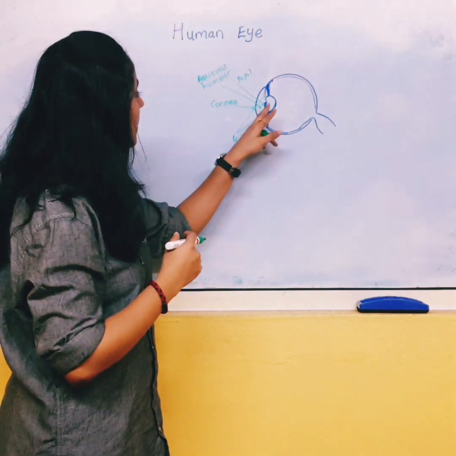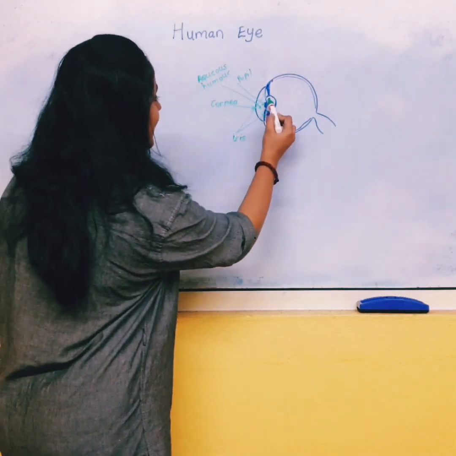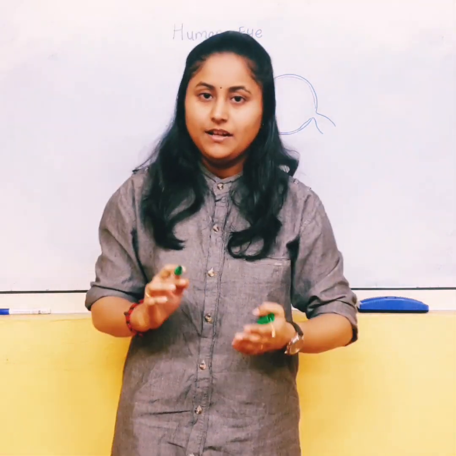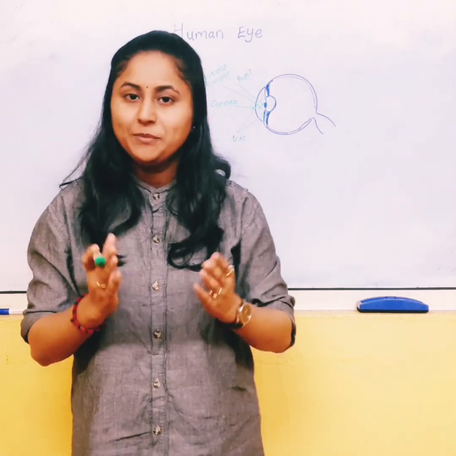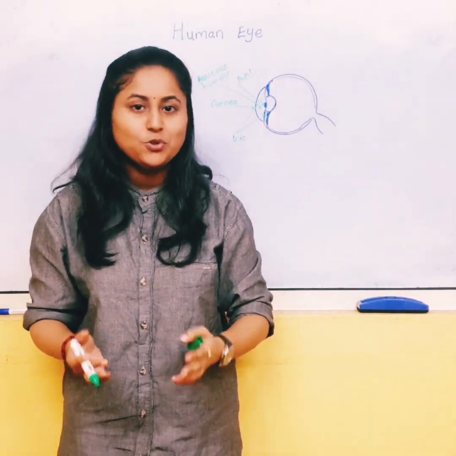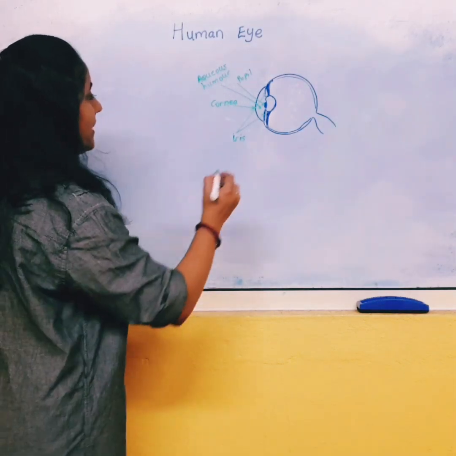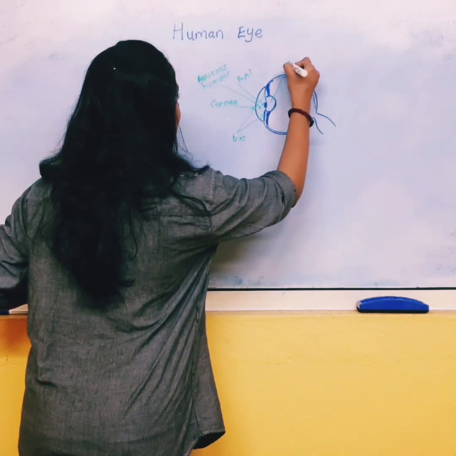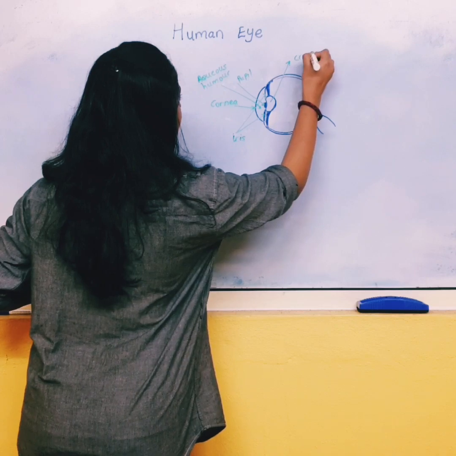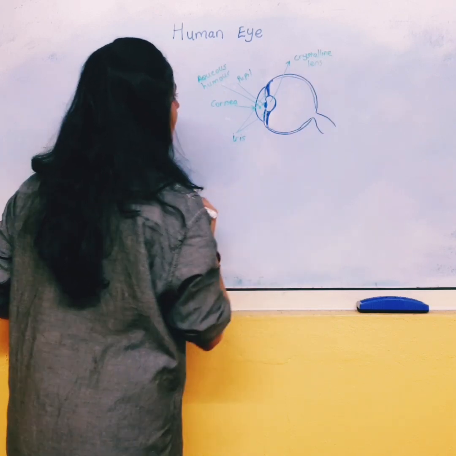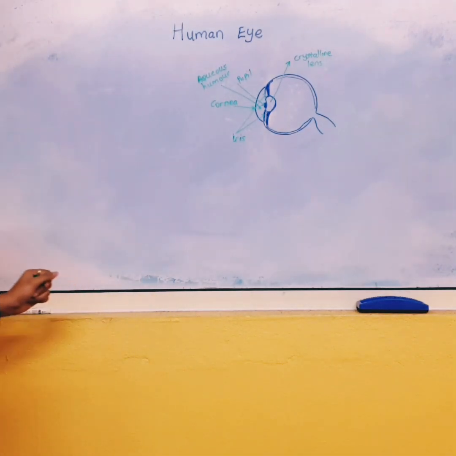Now something which you can see here, this entire thing, is known as the crystalline lens. Our human eye is just like a camera, so it's natural that it needs to have a lens also. So this is our lens.